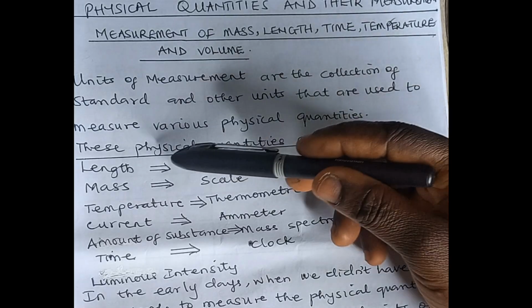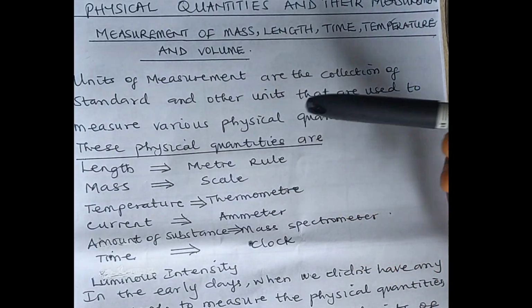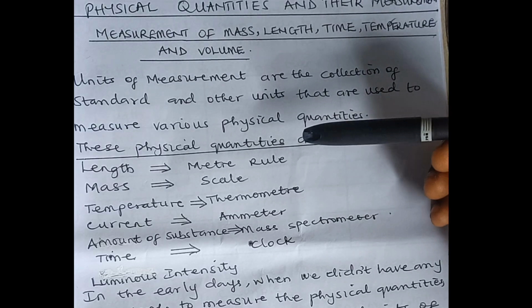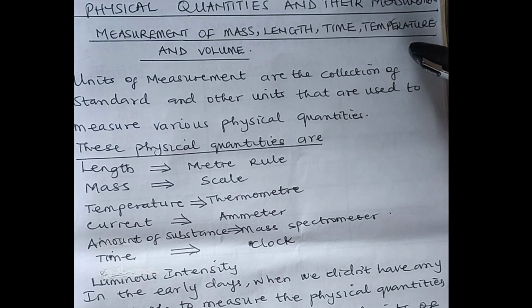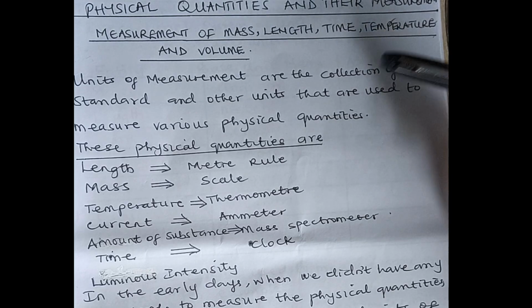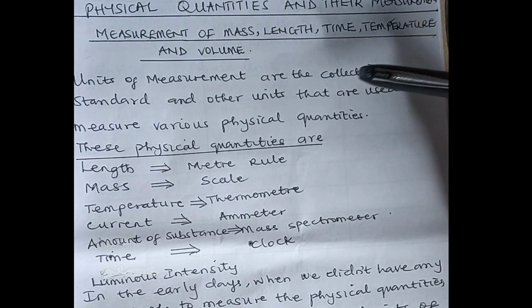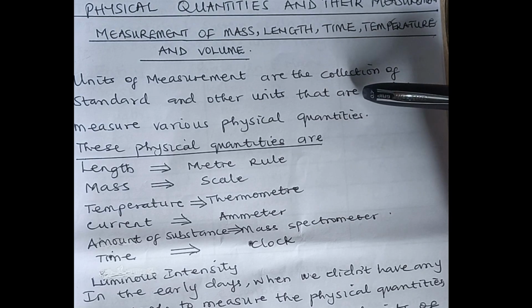All these physical quantities are known as basic or fundamental quantities, and units of measurement are assigned to them. What is a unit of measurement made up of? It's made up of the collection of standard units that are used to measure various physical quantities.